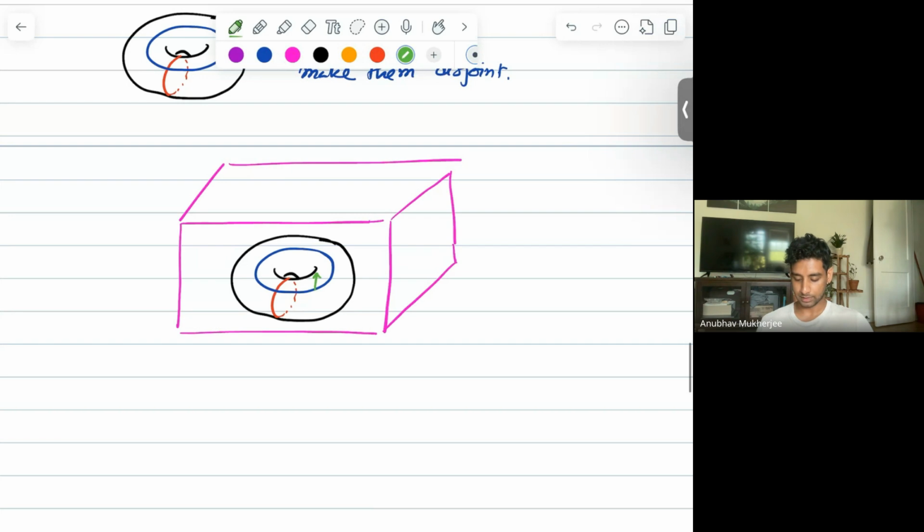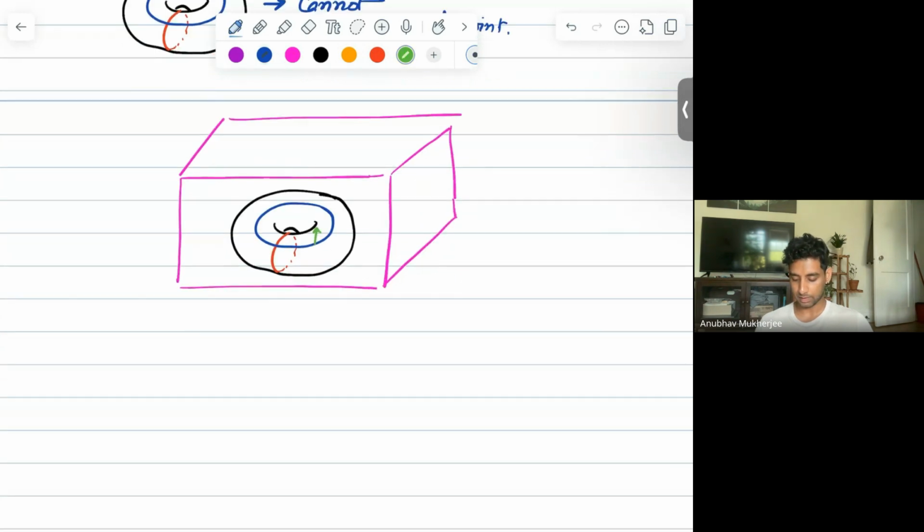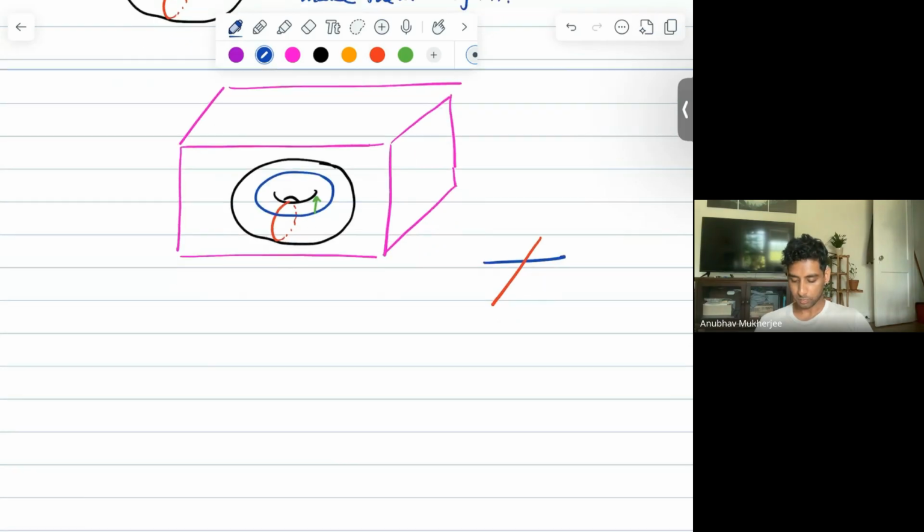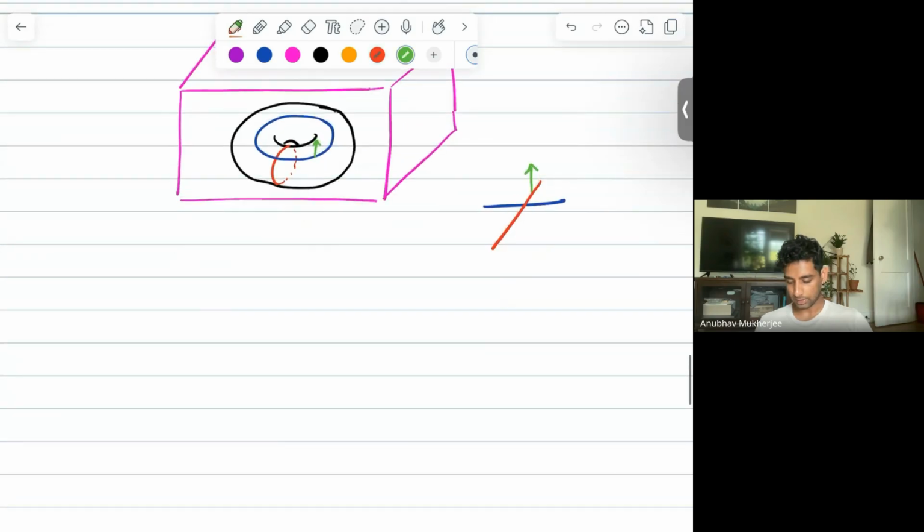Just think of this local picture: they are intersecting, but if I push one up a little bit, then now they are disjoint. One is sort of above the other.